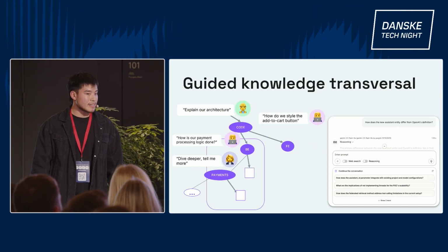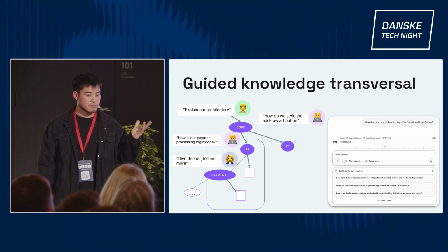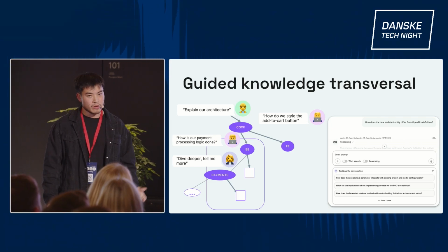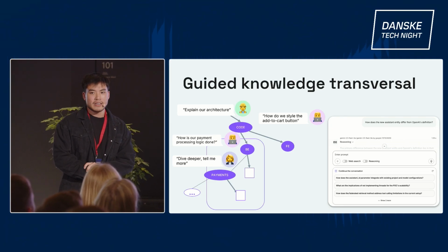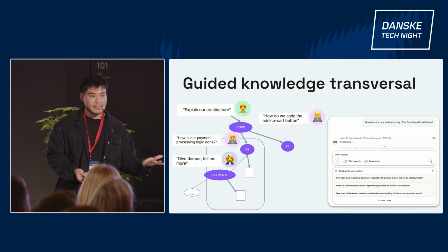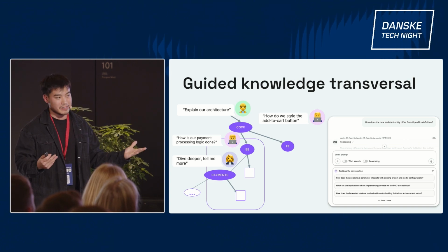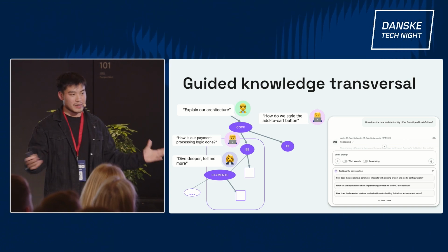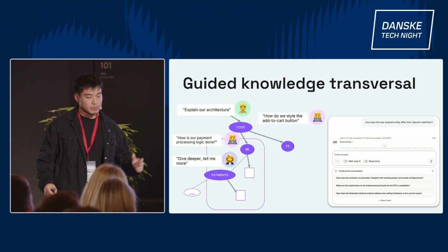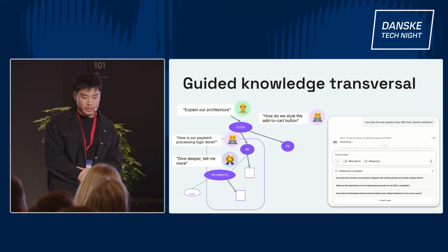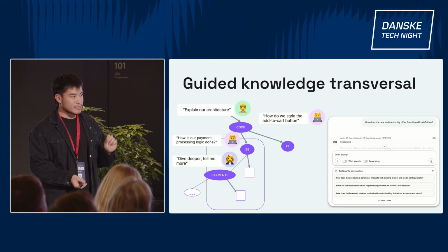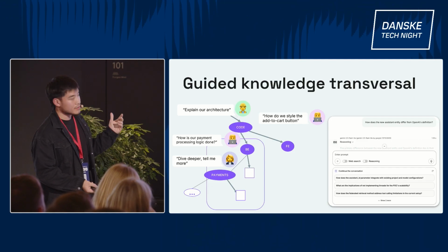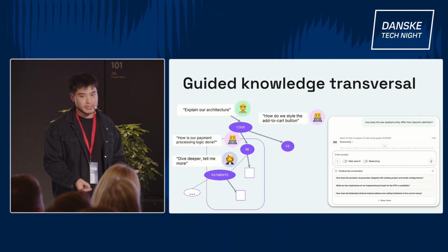And then the second and even simpler solution we call guided knowledge traversal. You can imagine, instead of letting the agent do that, you prompt a user to explore this semantic space. As we said, we have this tree that was already constructed, and our user sends a query, for example, explain our architecture or code base.